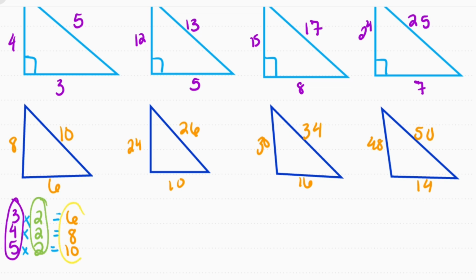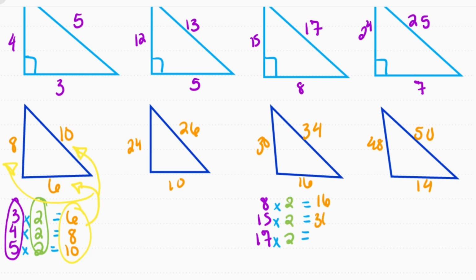If I were to recognize that 6, 8, and 10 were all divisible by 2, and then I get a 3, 4, 5, that means it's based off of a Pythagorean triple. Same thing with this 8, 15, 17 one. I multiplied all the values by 2 to get my new side length values. And so if I were to recognize this, I wouldn't have to do the Pythagorean theorem.